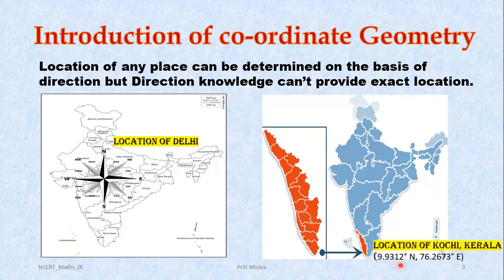This is 9.93 degrees north and 76.26 degrees east. And the exact location of Delhi is 28.70 degrees north and 77.10 degrees east. So on the basis of geo coordinates, we are able to get the exact location of any place. So this is coordinate geometry.